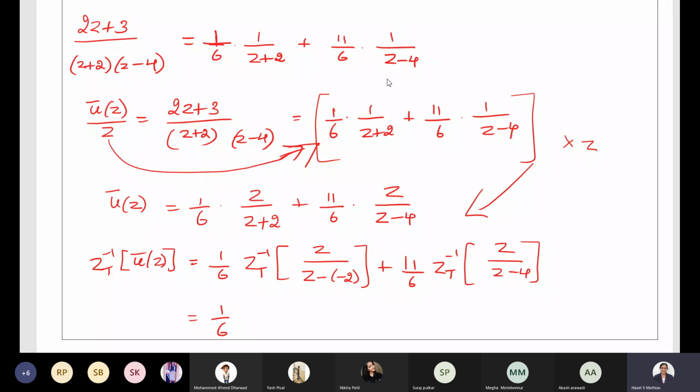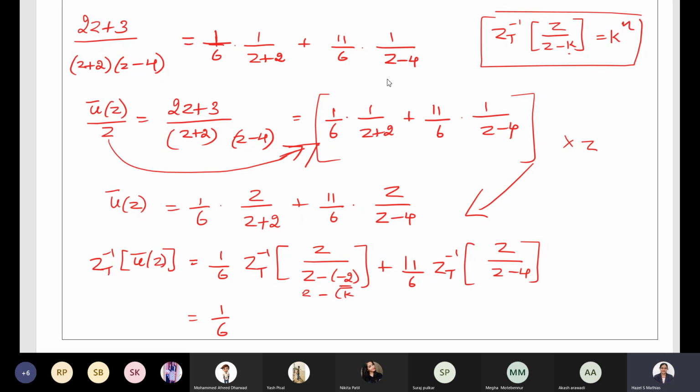So what do we get over here? 1 by 6 into, I repeat once again, inverse Z transform of Z by Z minus K is K power n. This is usually used. Only this thing will be used most of the time. So K is minus 2 over here. It should be of the form Z minus K. If it is not Z minus K, you should bring it to that form, because Z plus 2 is there.